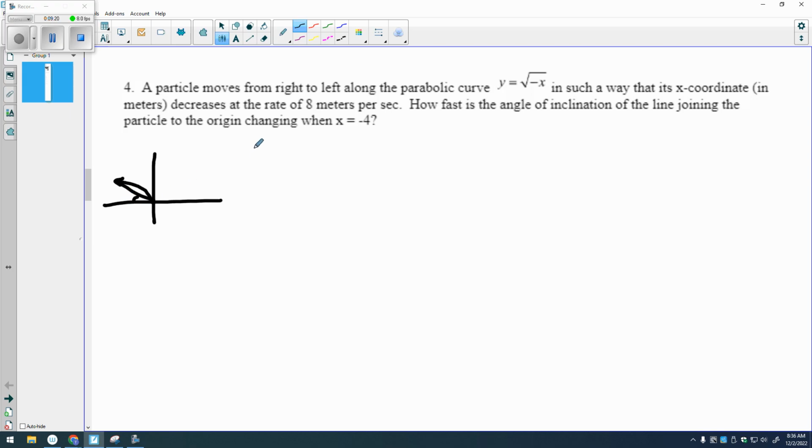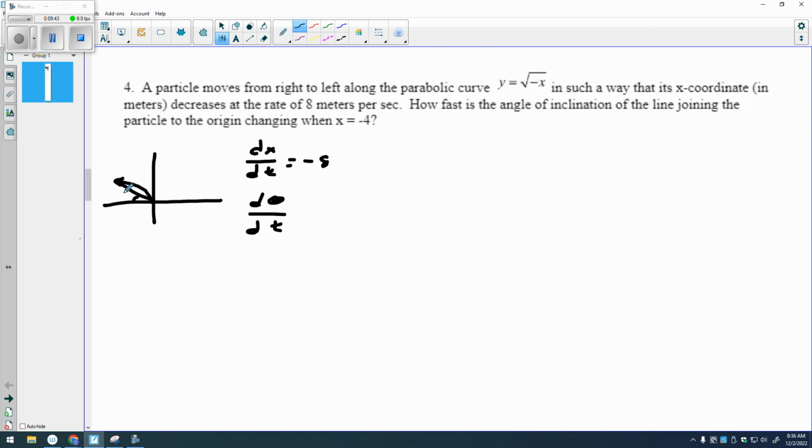So let's write down what we know. The particle is traveling at a rate, so dx/dt is equal to -8. I am looking for d theta/dt, and I want to write an equation that relates thetas and x's.